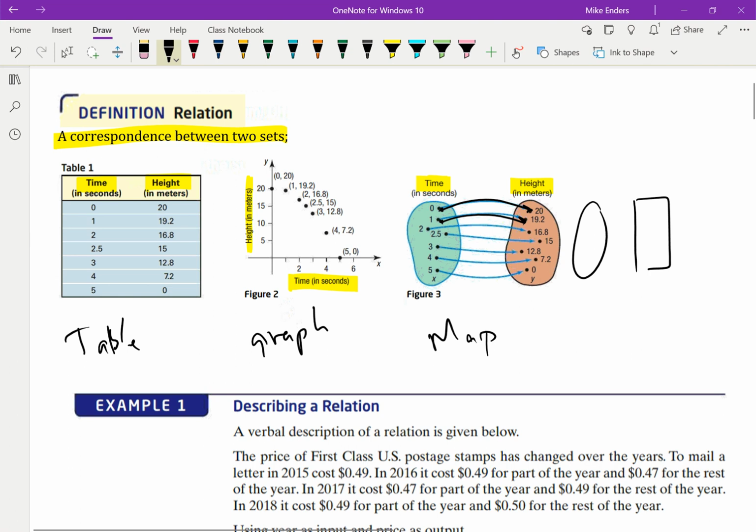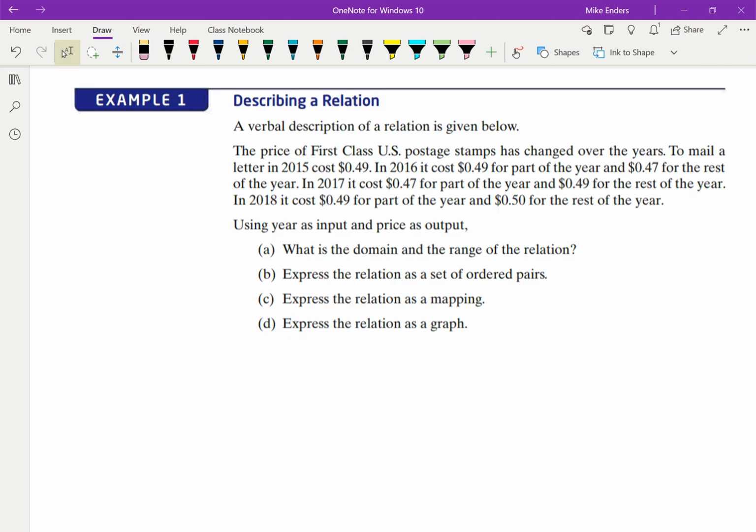So another way that we take a look at describing relations is verbal descriptions. In this one, let's take a look at what we have, and then we'll do some other items with it as well. This one's just out of the textbook here. A verbal description of a relation is given below. The price of first-class U.S. postage stamps has changed over the years.